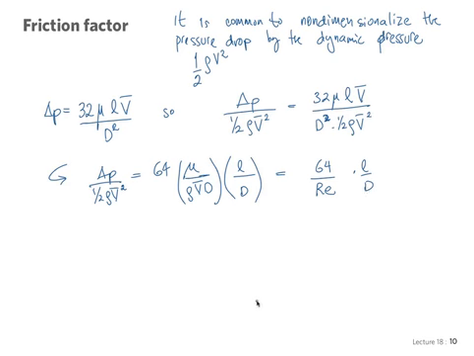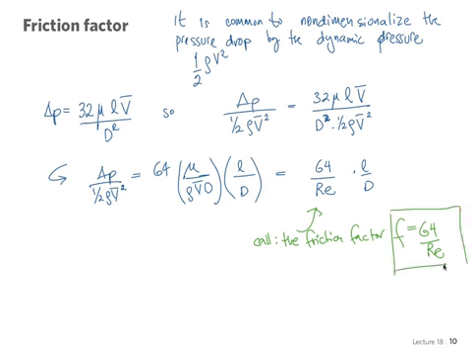So this here for laminar flow we're going to call the friction factor, F equals 64 over Reynolds. This is for laminar flow. Remember, all of the results so far are for laminar flow.